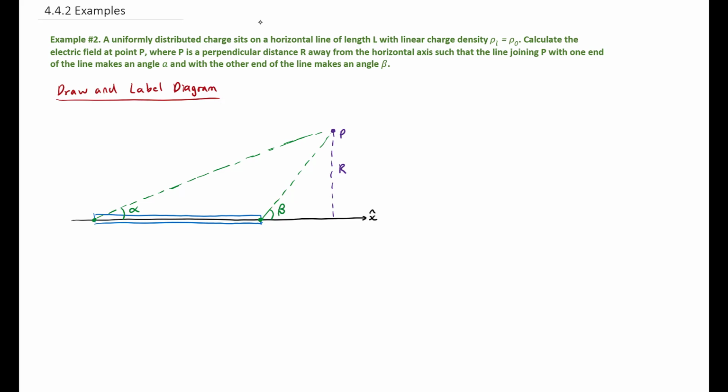So we'll just do some notes here: no symmetry. So let's just choose the middle of L. L would be the total length. We're just going to choose the middle of L as our y-axis. So that's our origin.